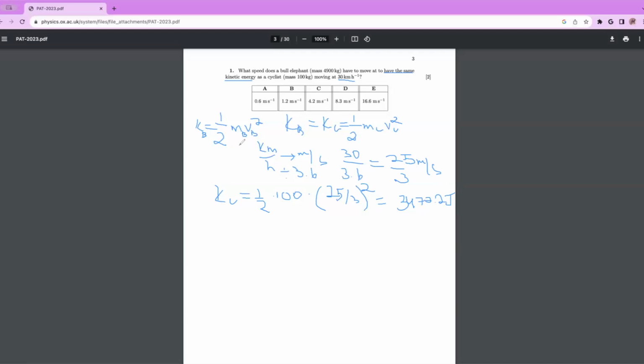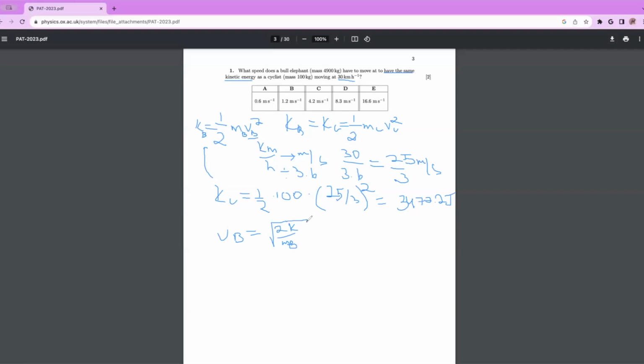But we can notice that since the kinetic energy of the cyclist and the kinetic energy of the bull have to be the same, we can just plug this in right there. Which means if we solve for the velocity of the bull, the velocity of the bull is the square root of 2 times the kinetic energy of the bull, or in this case, technically the cyclist, but they're the same, divided by the mass of the bull.